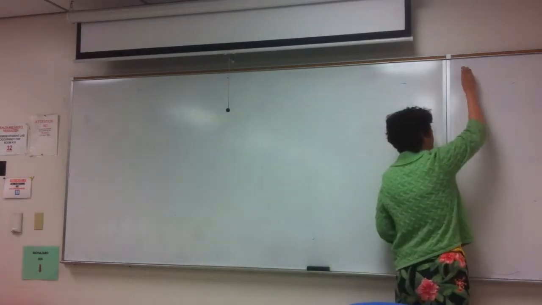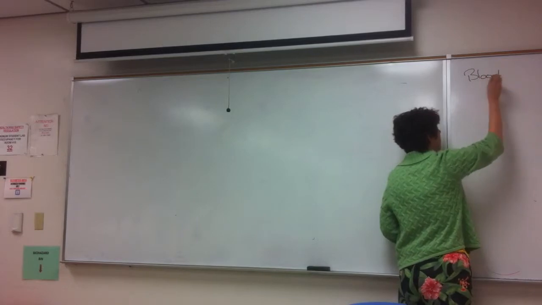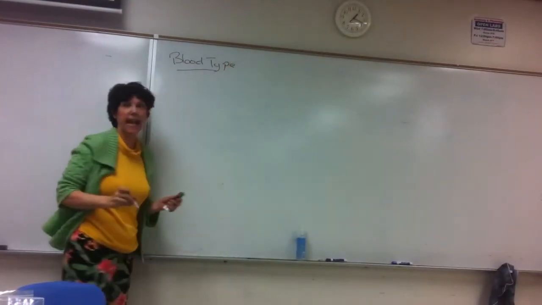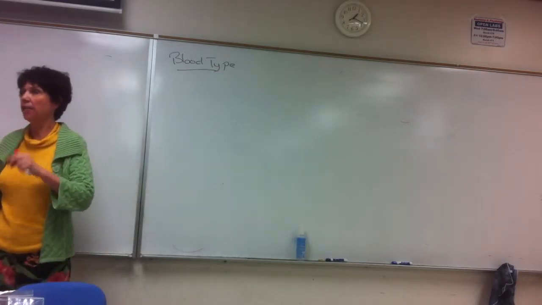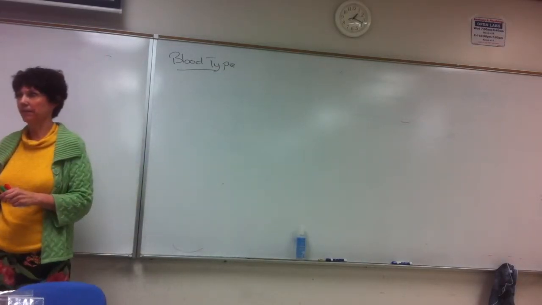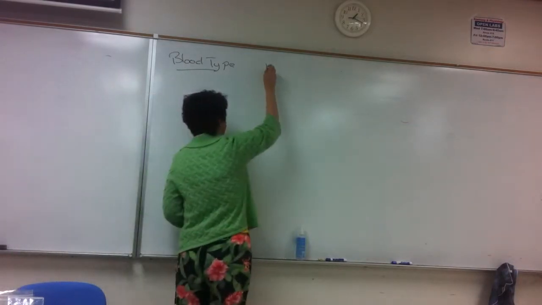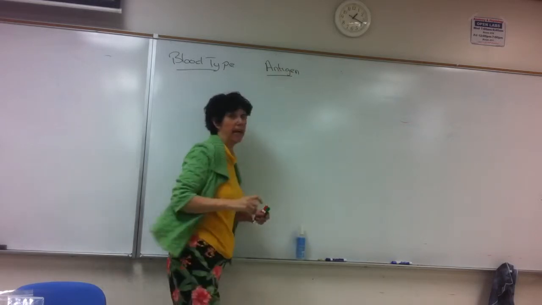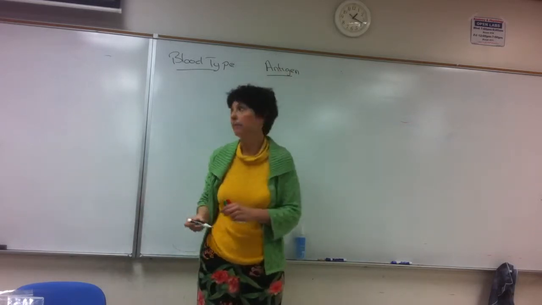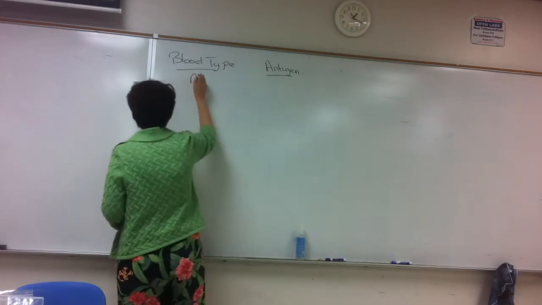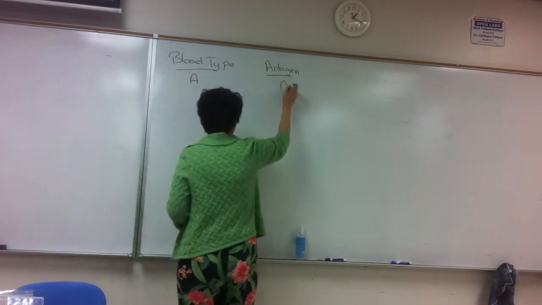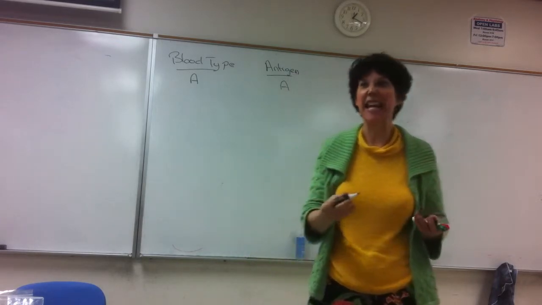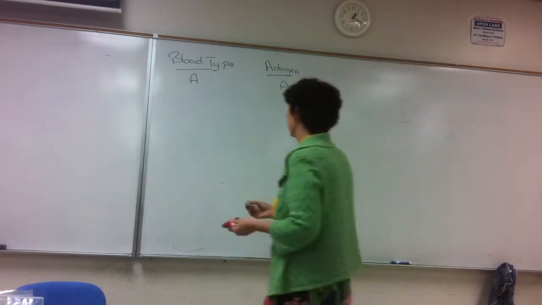So blood type is determined by the antigens that are present on the red blood cell. So once we identify the antigen, we have identified the blood type. Okay? So if our blood type is A, we have the A antigen. And I'm going to work with the ABO blood type and then come back and add the D antigen concept. Okay?